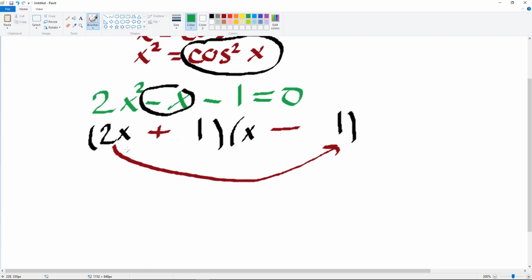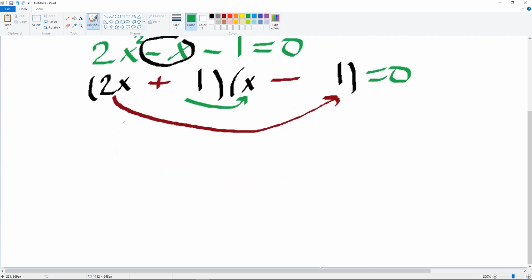If I multiply these two arrows, what's 2x times negative 1? Negative 2x. And when you multiply these two together, what do you get? X. What's negative 2x plus x? Negative x, which is what you have right here, right? Okay, so then after that, let's replace the x. So really, you have 2, what's x equal to?